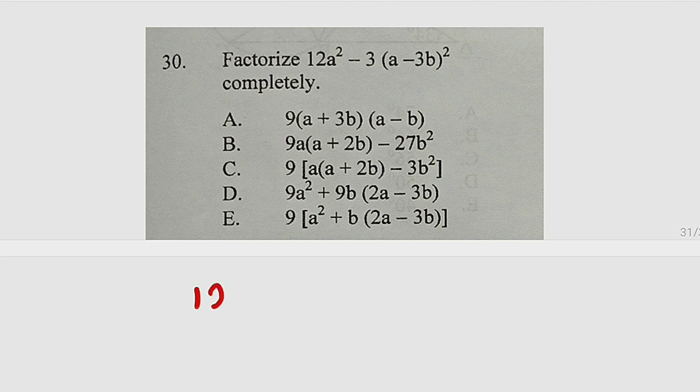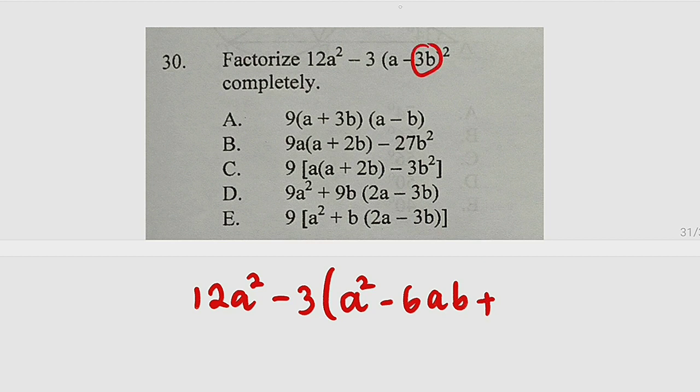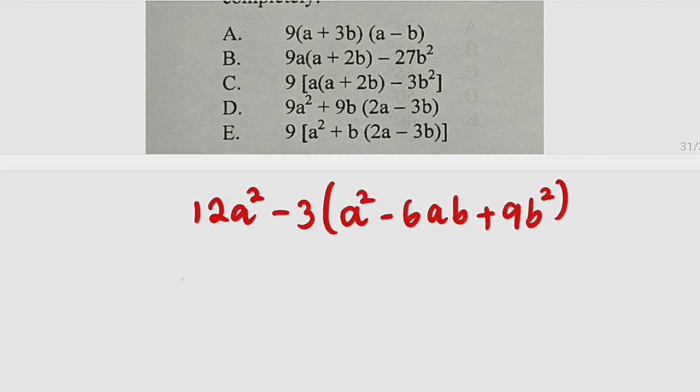I have 12a squared minus 3, but the expansion of this to the power of 2 will be the first term squared, a squared, minus, because of that minus sign, 2 times a is 2a times 3b is 6ab. Then 3b squared is 9b squared.